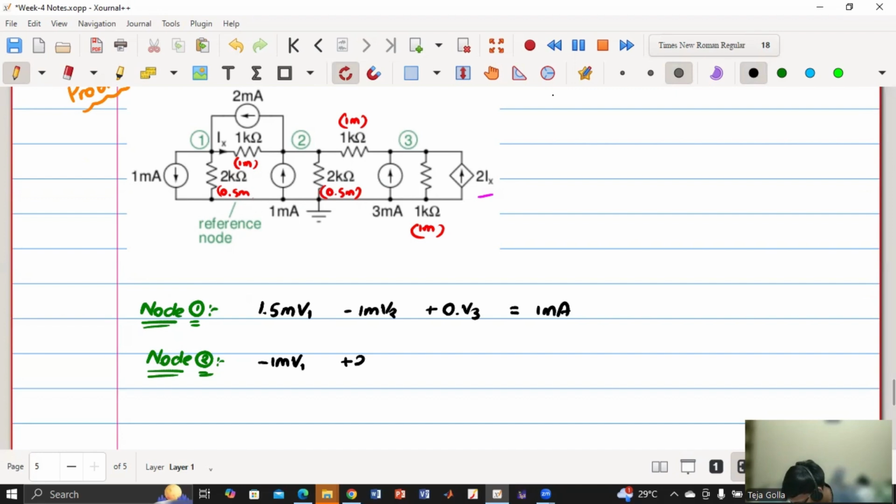So it is plus 2.5 milli into V2. And then the last term, minus 1 milli, because between 2 and 3 there is 1 milliSiemens conductance. Basically, I'm ignoring that as it will look complicated in the equation. That's why I'm removing it. And what is the total current entering node 2?